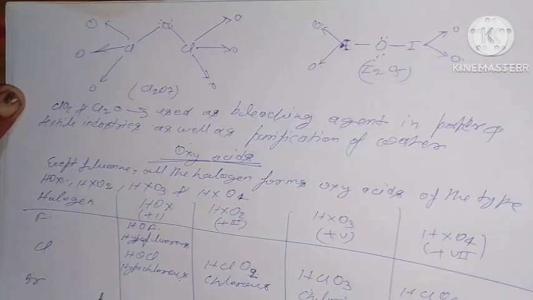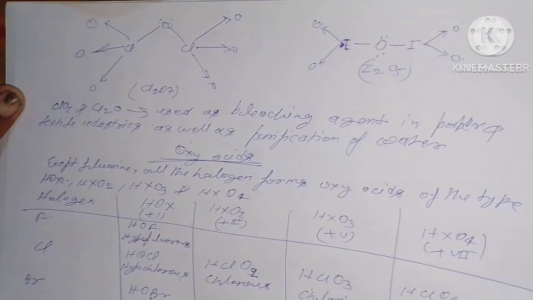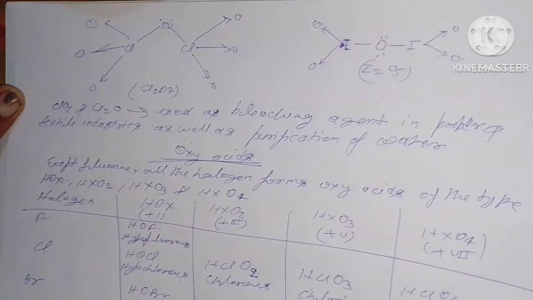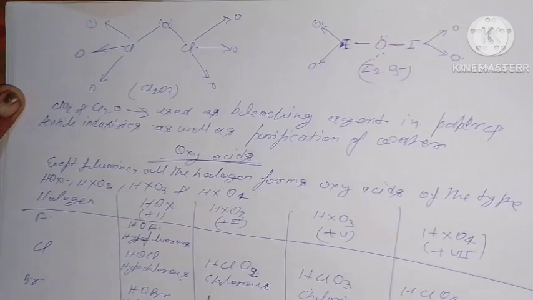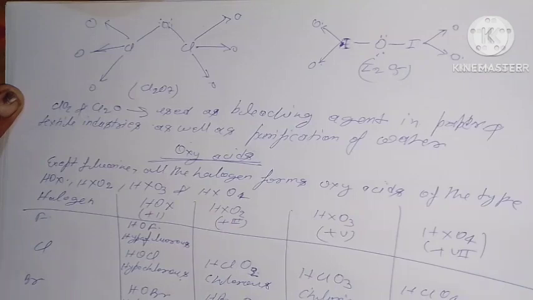Bromine: HOBr, hypobromous; HBrO2, bromous; HBrO3, bromic; and HBrO4, perbromic.